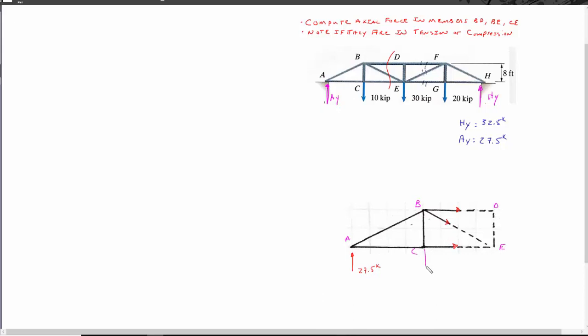And I'm going to draw the external force at point C. We also note that this distance here is 8 feet. This distance here, each one of those should have been 17 feet.